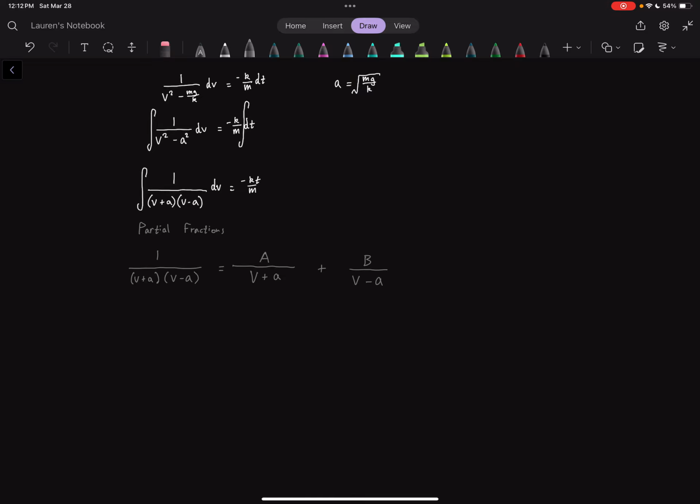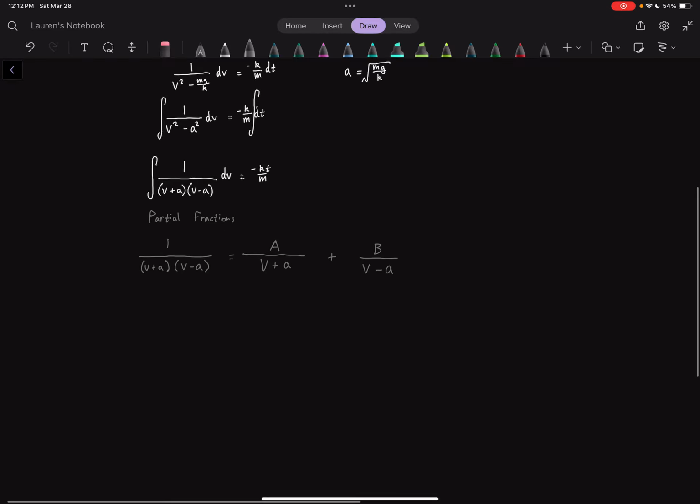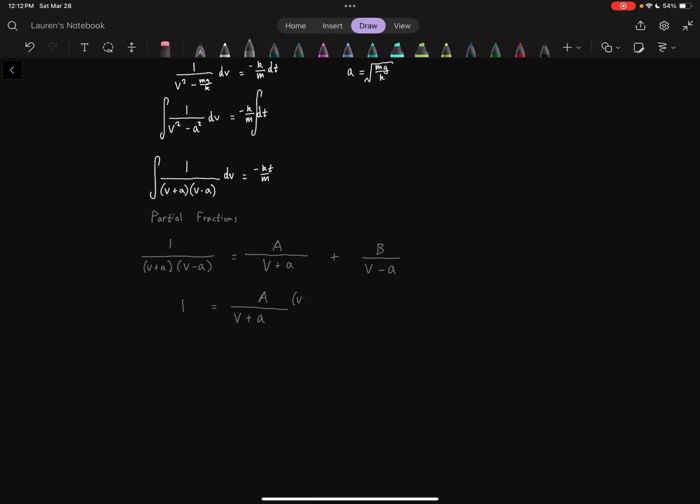So therefore, if we multiply the denominator on the left side over onto the right side, you're left with 1 on the left side, and on the right, A over v plus a multiplied by (v plus a)(v minus a), and the v plus a will cancel top and bottom.